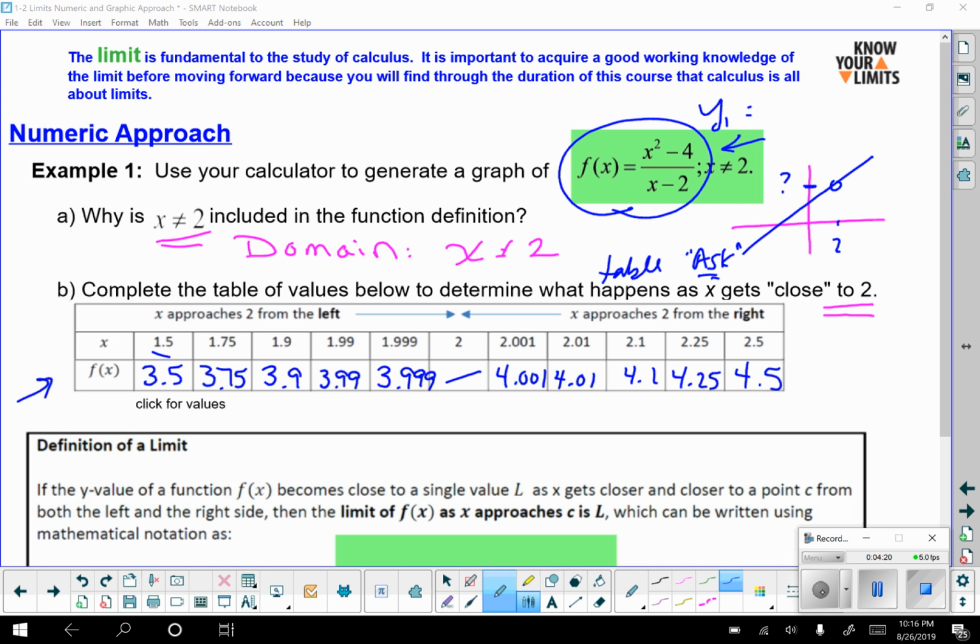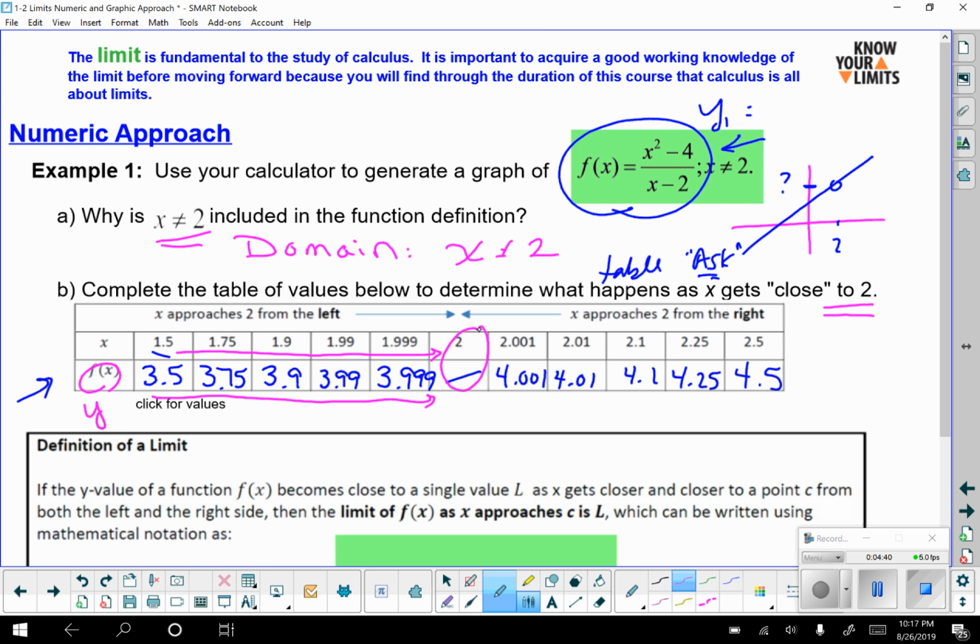So once I put in these numbers, I can start seeing a trend. It appears that as I'm moving towards the value of 2 as an x value, my y values, or my f of x, which is really representing y here, are increasing as well.